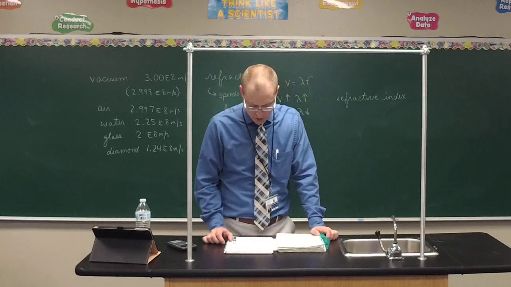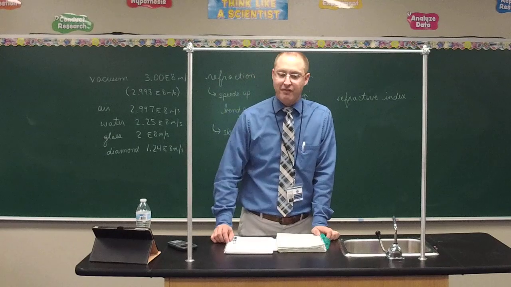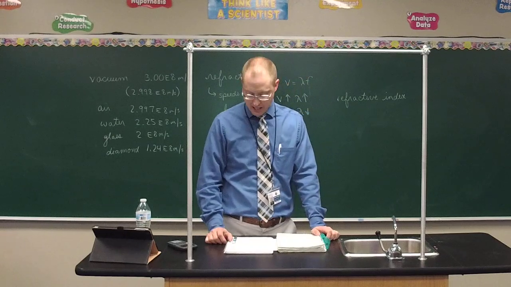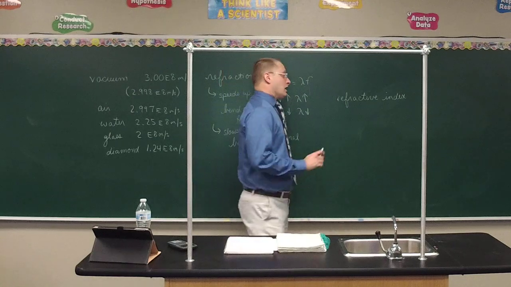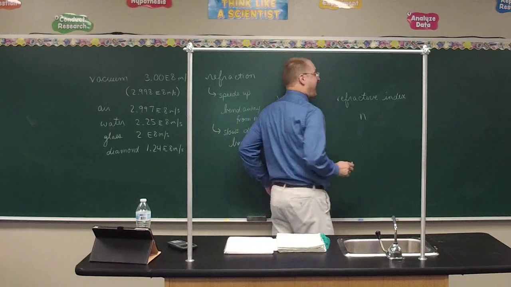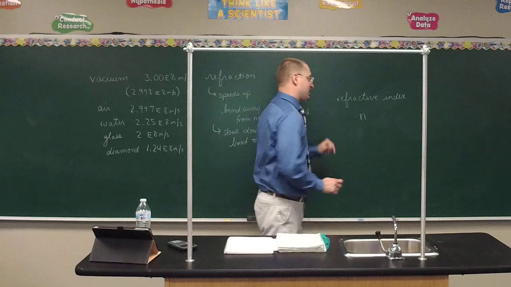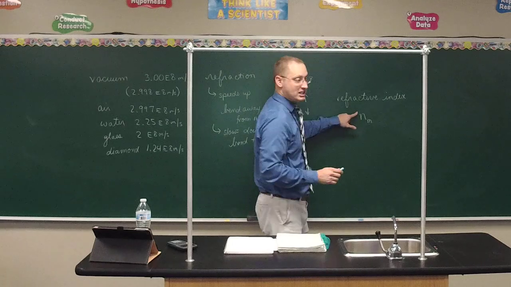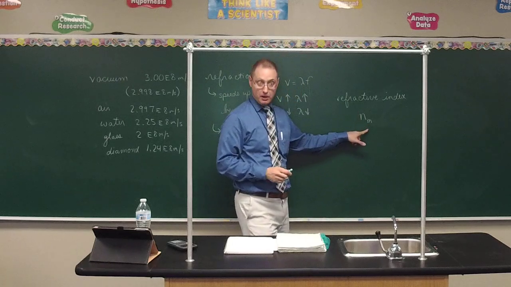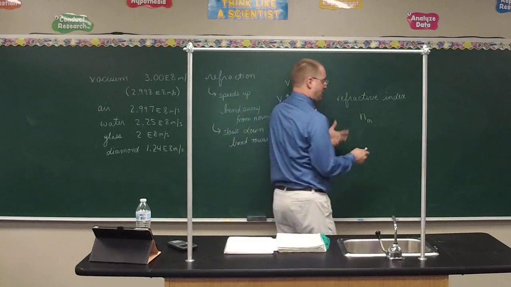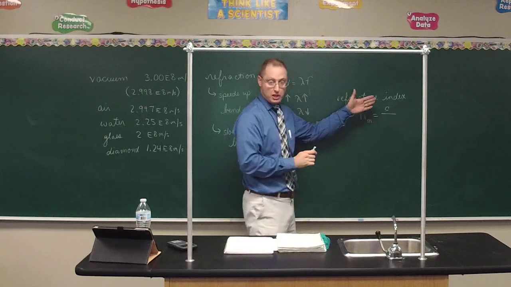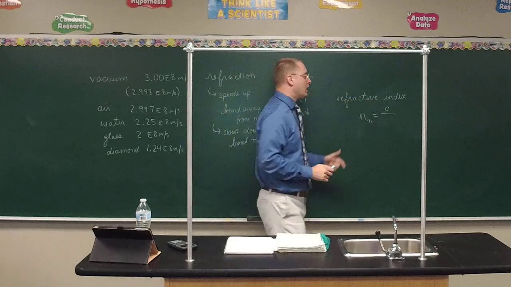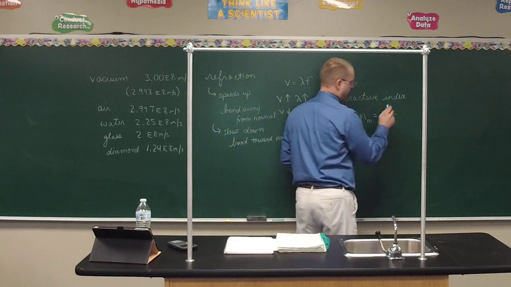The refractive index is the ratio of the speed of light in a vacuum to the speed of light in some medium. In equation form, we could say that n, that's what we're going to use for refractive index, sub m, meaning the refractive index of some medium. n sub m, refractive index of some specific medium, equals c, you remember we use c to represent speed of light in a vacuum, over v sub m.